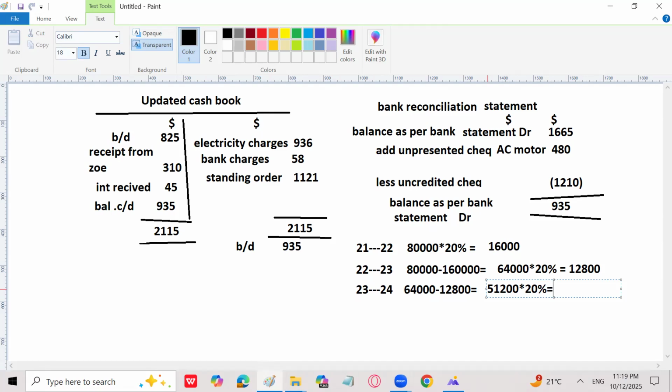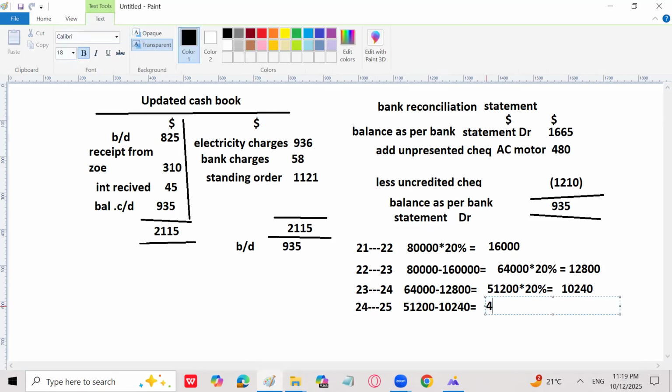So that is going to be 10,240. Again, because it is used for 4 years, 24 to 25, we have charged depreciation again, 51,200 minus 10,240. And the answer after subtracting depreciation is 40,960.